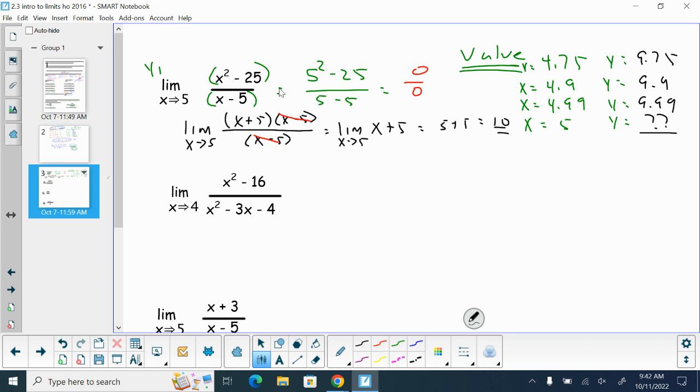What's there? An open dot. You have an open dot. And this open dot is going to occur at the ordered pair x equals 5 and y equals a value of 10.